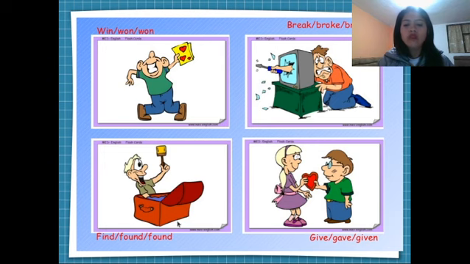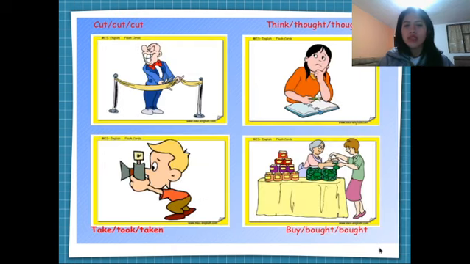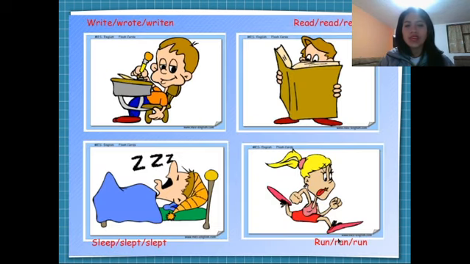Find, found, give, gave, given, right? And we have also some verbs that don't change, right? Algunos verbos que no cambian. For example, we have cut, cut, cut. Este va a ser en forma base, pasado y pasado participio. And we have think, thought, take, took, taken, buy, bought, right?